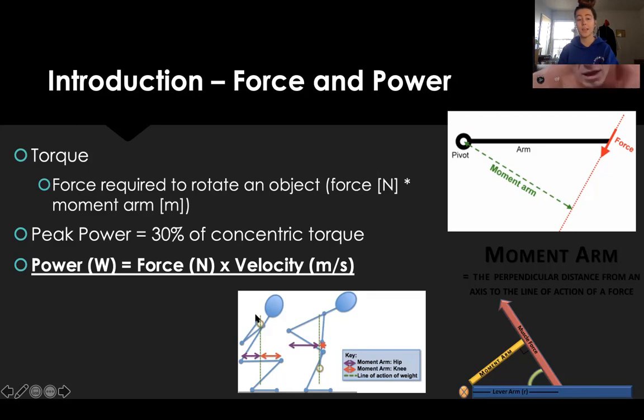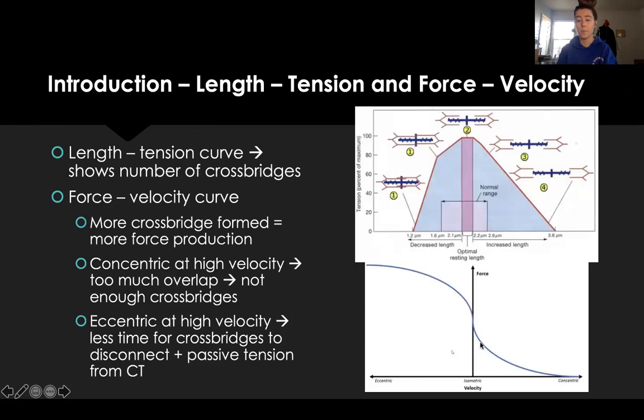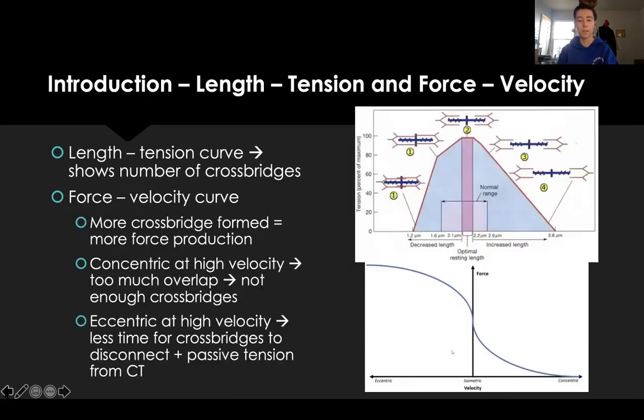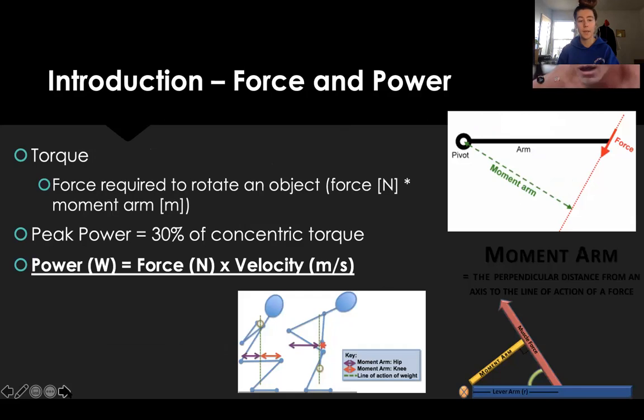Peak power is at 30% of concentric torque, so right here. I think Dr. Cotter drew this out in one of his lectures, but I'm not sure. Essentially, your peak power is going to be at 30% of your force production. And power is force times velocity.